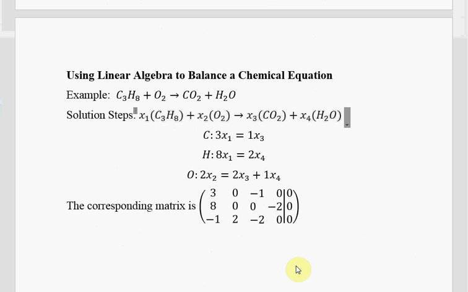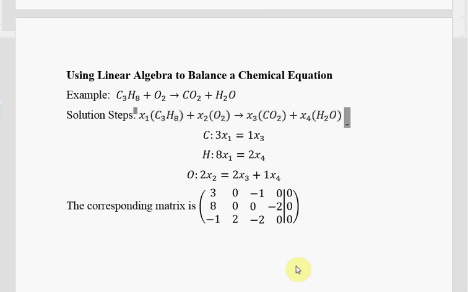Here there were 2 of these, assigned x sub 2, so 2 times x sub 2 is equal to 2 times x sub 3 plus x sub 4 for the oxygen. You take this and transpose the system into a matrix.